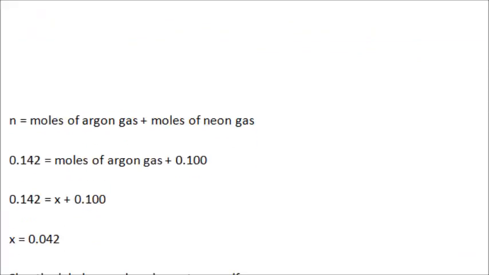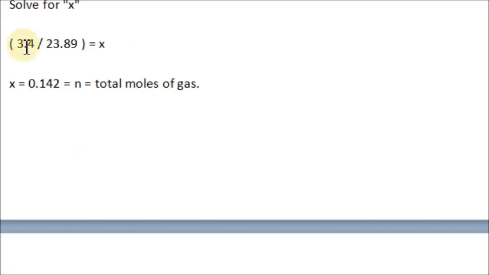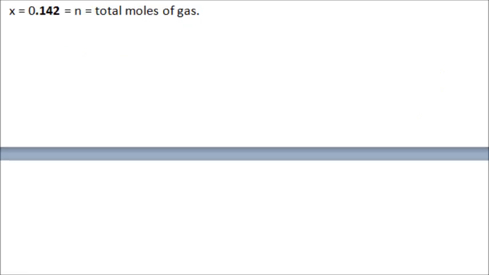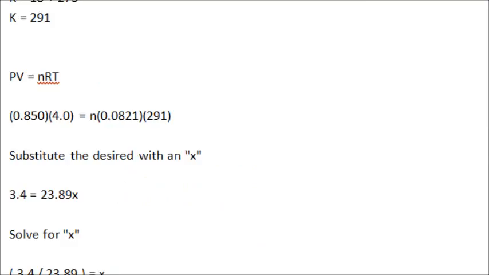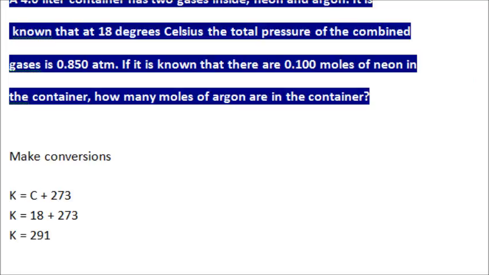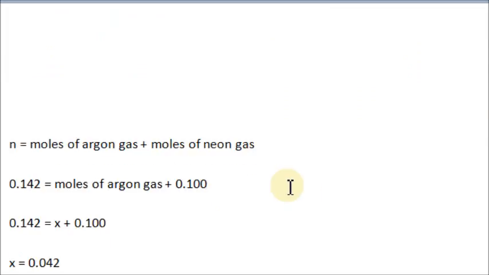N is total, which means moles of argon gas plus moles of neon gas, because it's the total sum. We know that total, because we just calculated it, is 0.142. And we know the moles of neon is 0.10, because that's what the problem said. So now we just solve for moles of argon.